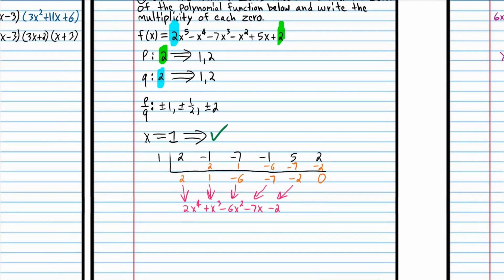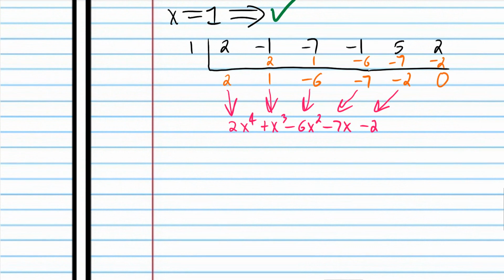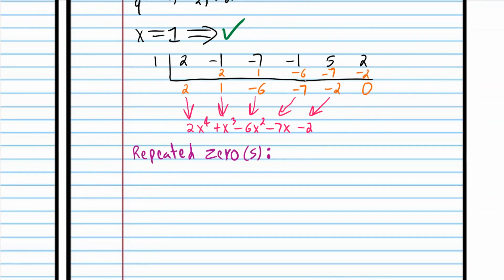We know that 1 works, but 1 could be a repeated 0. So you want to find a possible repeated 0. So plug in 1 again and see what you get. And when you come back, we'll do it together.